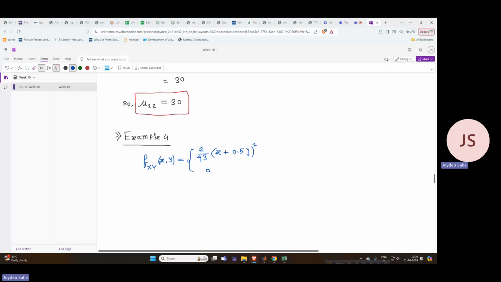For which value is this? This one: 0 less than x less than 2 and y is 0 less than y less than 3, and it is 0 elsewhere.